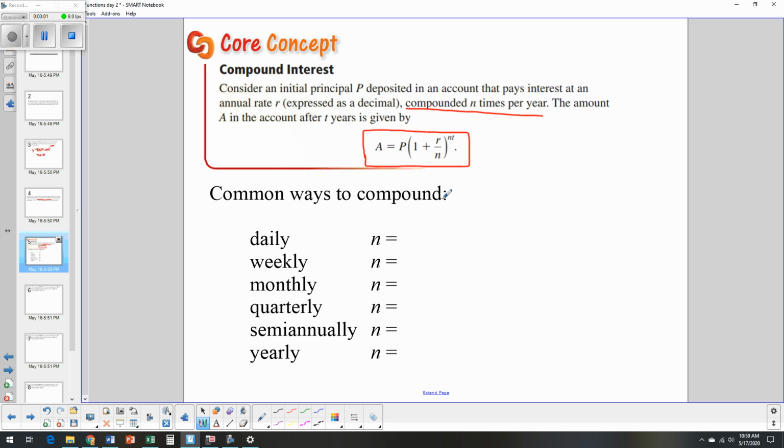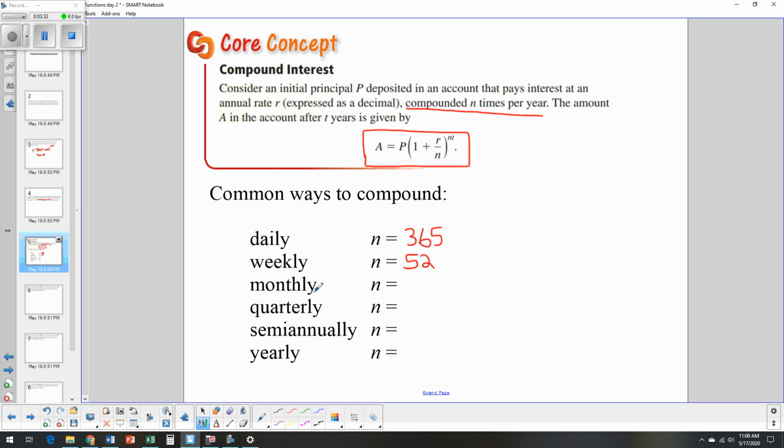Let's discuss some of the common ways to compound so we get some of these numbers. If it says compounded daily, we have to think of how many days are in a year, and normally that's 365. We're going to ignore leap years for now. Compounded weekly, there are 52 weeks in a year.